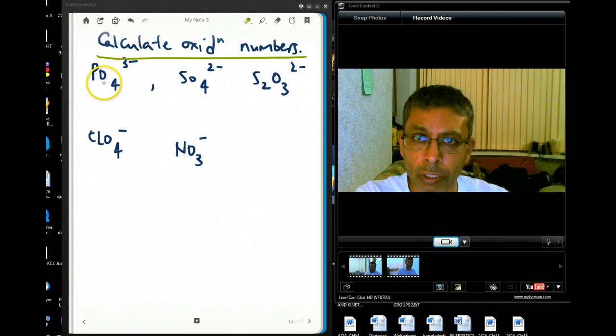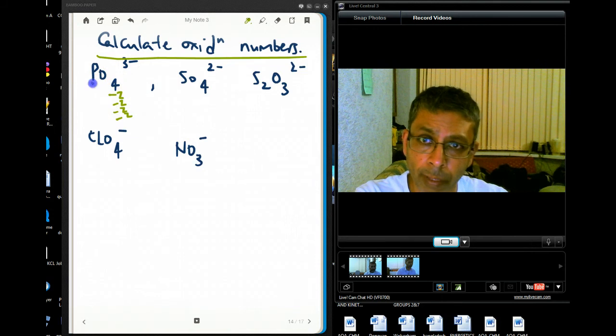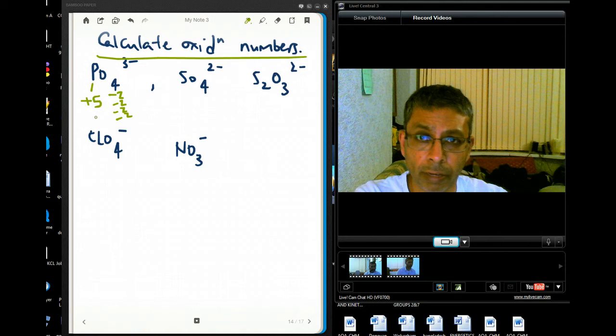So oxygen we know as our reference element -2. So we've got -2, -2, -2, -2. There's 4 of them. That makes -8, and therefore the phosphorus has to be +5. So +5 and -8, just a bit of mental maths, +5 -8 makes -3. There we are. So phosphorus's oxidation number is +5.